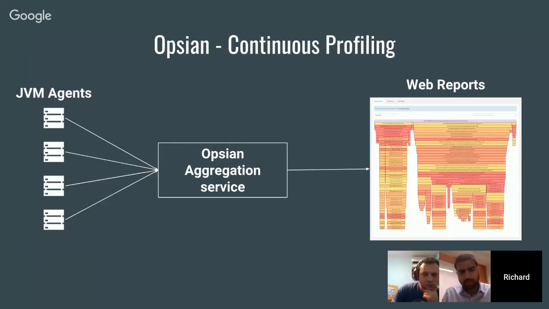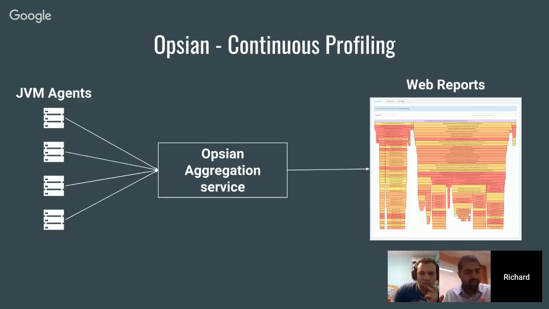And so that's the kind of conclusion we came to a few years ago, and that's what motivated us to create Option, which we believe is a great platform. Option essentially is the JVM agent that uses the advanced statistical profiling that we talked about earlier on. You run the JVM agents on your production servers. They gather results, and those are sent to our cloud environment or our on-prem environment.